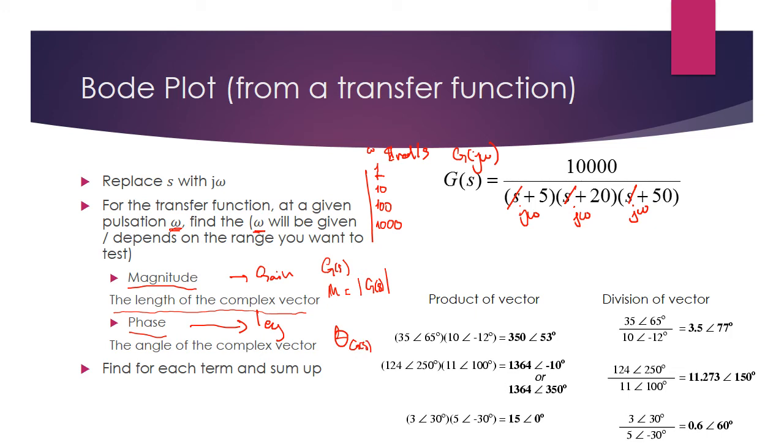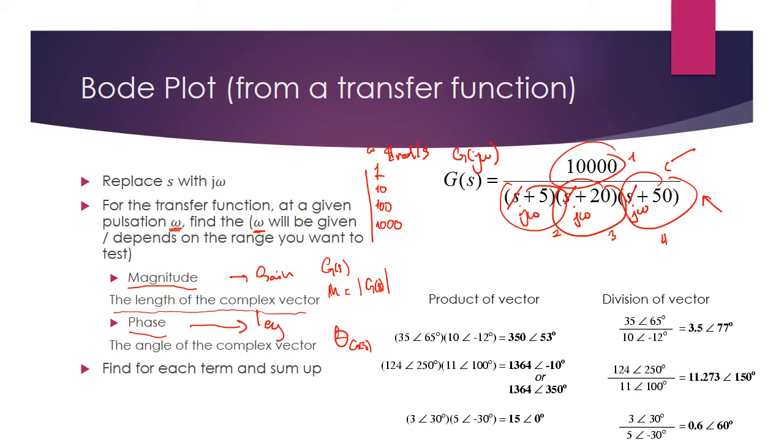And once you find that, you will find the gain, the magnitude and the angle of each term. So here, how many terms do we have? We have one term over here, this is the second term, this is the third term, and this is the fourth term. We have one term on the numerator and three terms on the denominator.